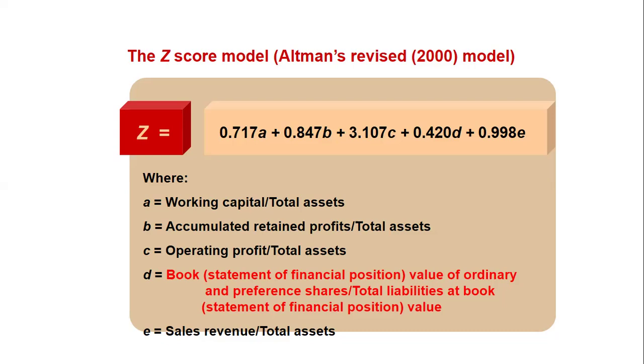Yes, please, Michael. When you look at this formula, for C, that's the operational profit. We have the constant is 3.1. I mean, that one is higher than the total. Yeah, thank you for drawing my attention to it.